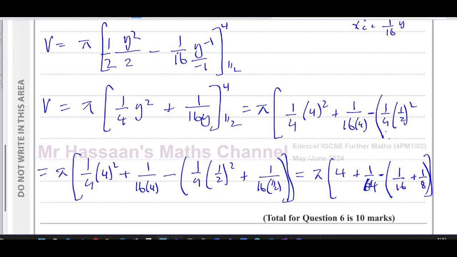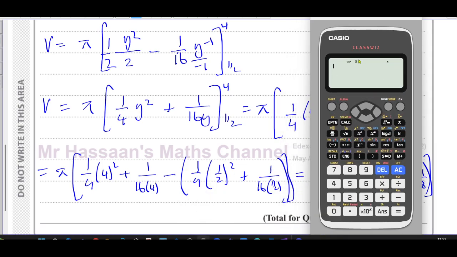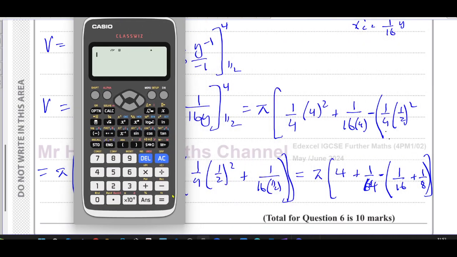We can just stick that in our calculator to see what we get. We'll leave the pi, we can write that at the end, but don't forget it. 4 plus 1 over 64, minus 1 over 16, plus 1 over 8.